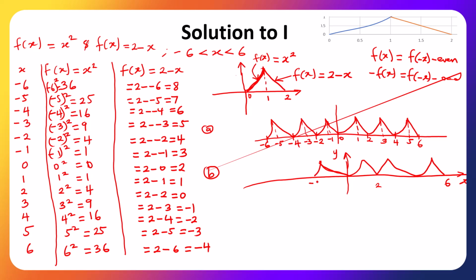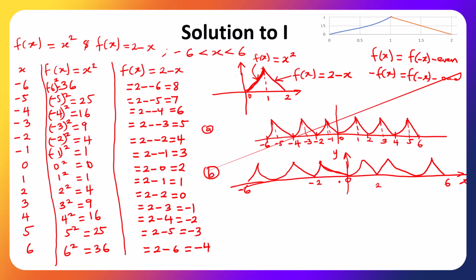This is -2. And finally we have this. So this is -6 and this is -2. Then we have 0 here.